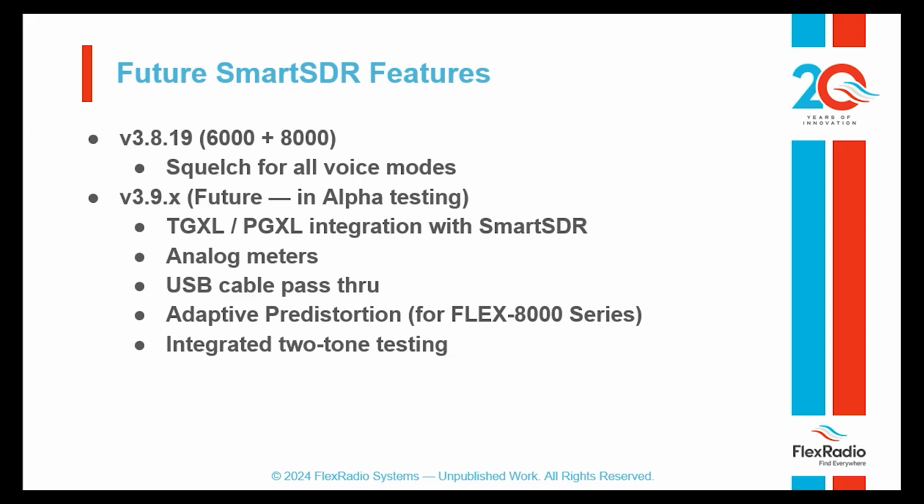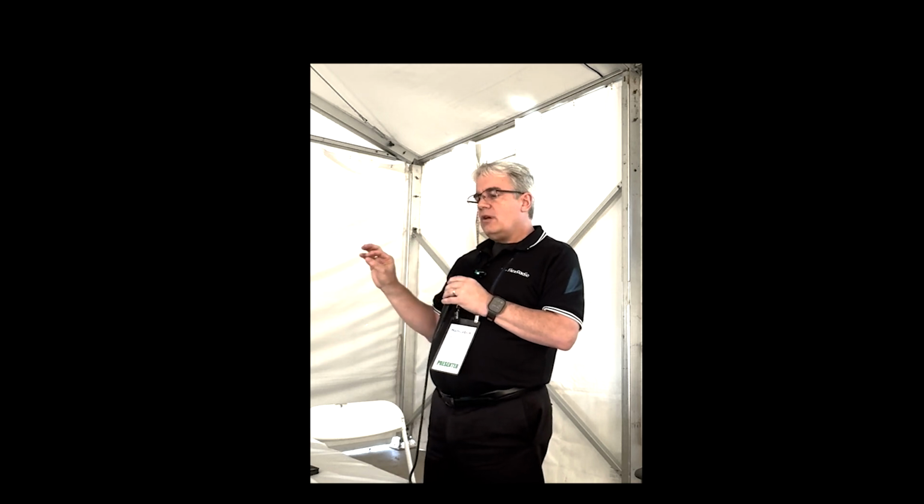We added analog meters. It's kind of a skeuomorphic design that shows you an analog meter instead of a digital one. We added USB serial cable pass-through. So if you have a rotator that operates with serial commands, you can plug a USB to serial cable in the back of your Flex 6000 or 8000 and run that over to your rotator.